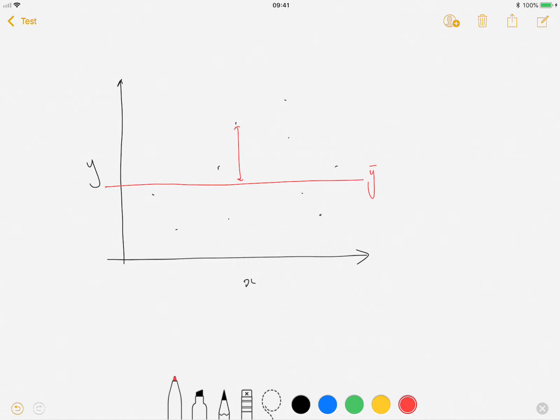Then we carried out our linear regression, and here we ended up with a linear line that cuts through our data. And we calculated the sum of residuals, and that difference between the data points and this new line, that vertical distance, gave us another measure of the central tendency of the data.